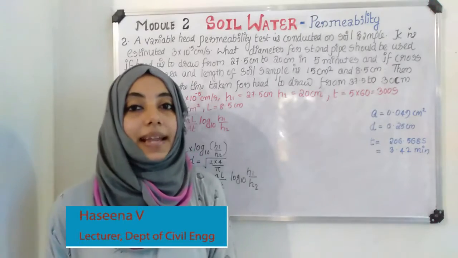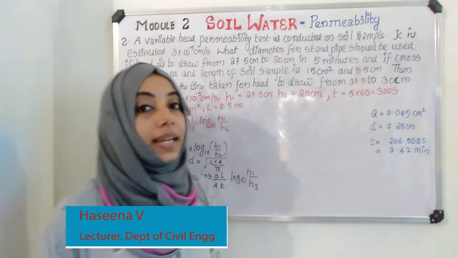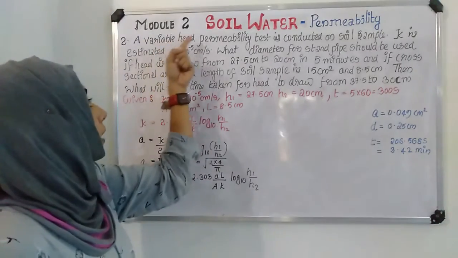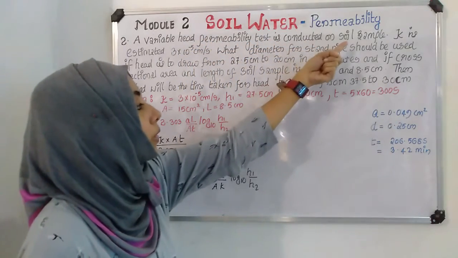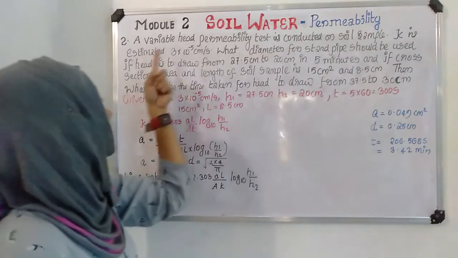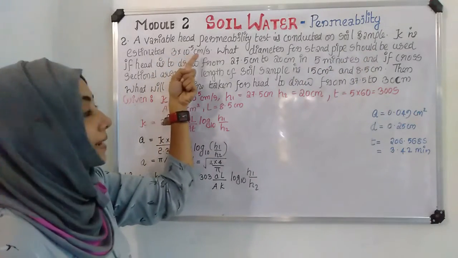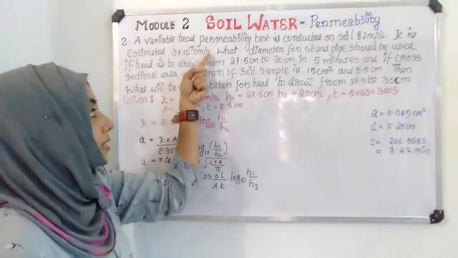Next is our second problem. The question is, a variable head permeability test is conducted on a soil sample. K is estimated as 3 into 10 raised to minus 5 centimeter per second.